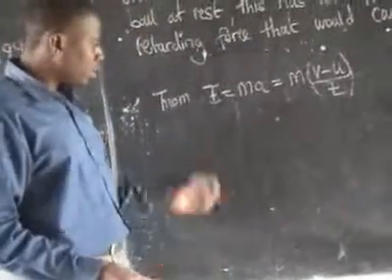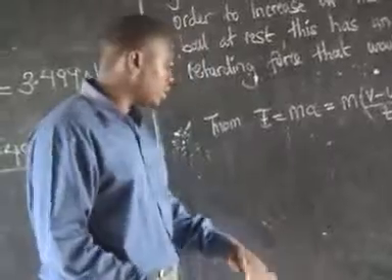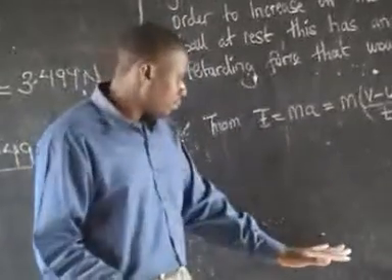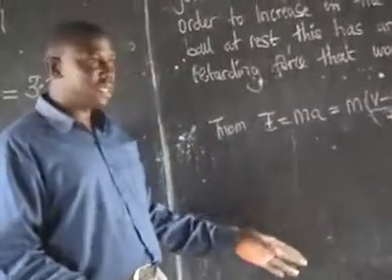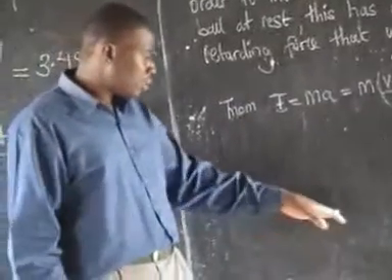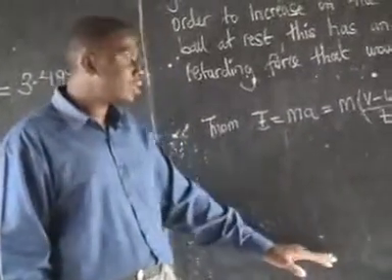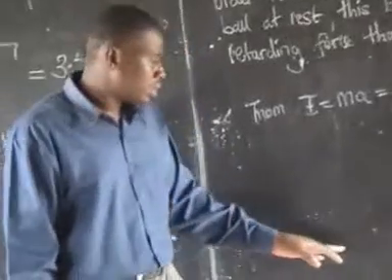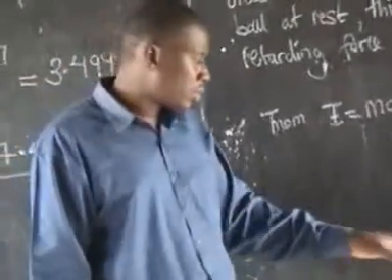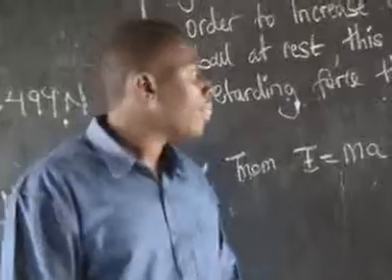Without the cushion, the moment the stone hits the glass, it will come to rest instantly. Hence, a big force will be exerted onto the glass, and it is that force that will cause the glass to break.